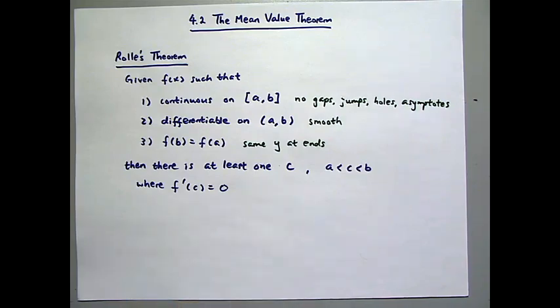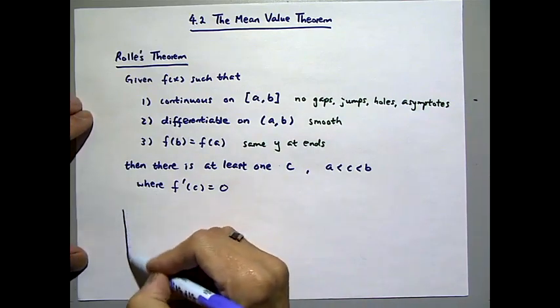So sketch any graph that's continuous, smooth, and has the same y values at the endpoints, whatever a and b are. Were you able to find at least one location where the tangent line is horizontal? Yeah? Right, you should be able to find at least one.